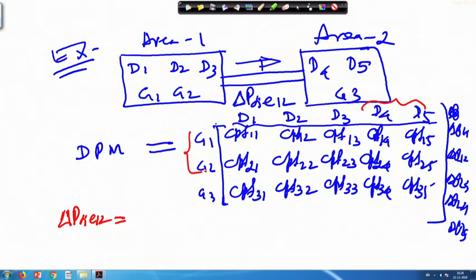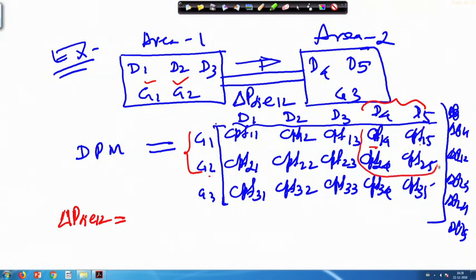So, D4 and D5 are drawing power from G1 and G2. D4 has contract with G1, that is CPF 14, and D5 has contract with G1, CPF 15. Similarly, D4 has contract with G2, that is CPF 24, and D5 also has contract with G2, say CPF 25.